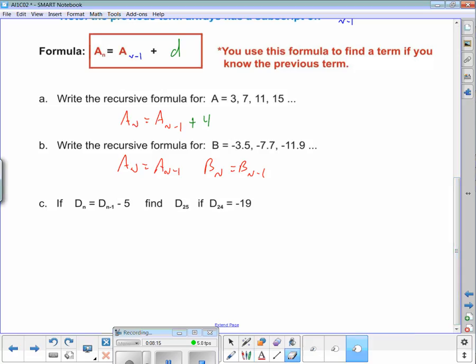And rightly so, right? Because we got B there, so we're going to go B sub n. We're making it specific to the sequence. And can we figure out D? D is what, a negative 4.2 again? All right, and that was that sequence up above.